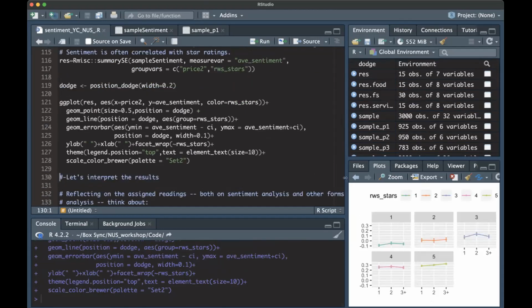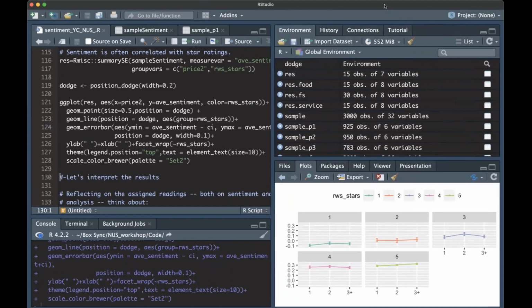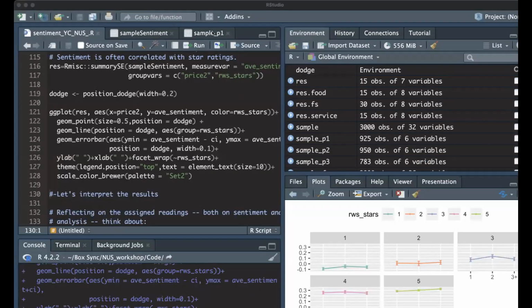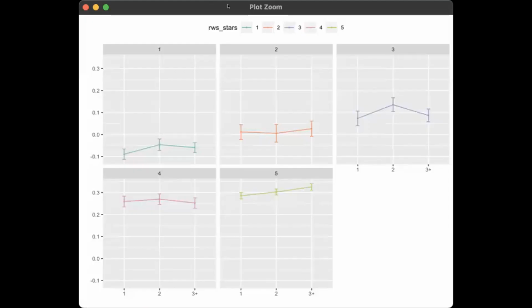And here, I'm not sure if you can take a look at the, let me switch to this plot. Okay, so this is what we have from that ggplot.